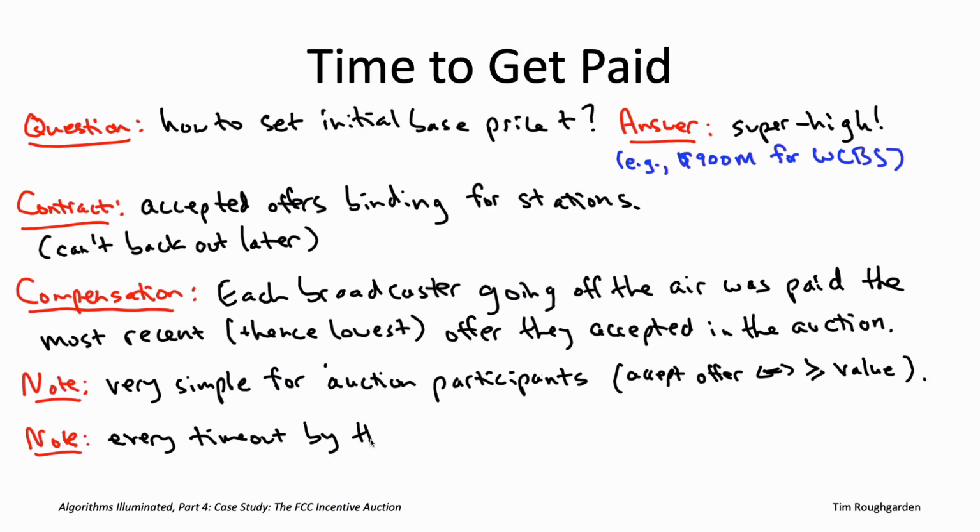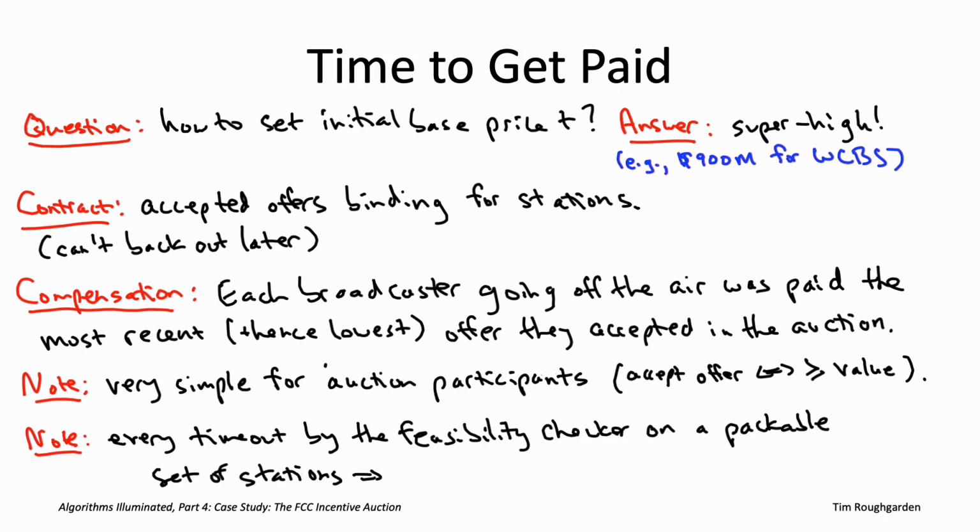But whenever the feasibility checker timed out on a packable set of stations, comprising a packable set capital S plus some new station V, whenever the feasibility checker timed out, despite you having room for V as well, a big pile of money, we're talking often in the millions of dollars, was left on the table. The auction could have made a lower offer to this station V, right? Because it is a packable subset of stations, but for the failure of its feasibility checker. Because the feasibility checker timed out, the auction had to assume it was unpackable, even though it was not unpackable. And for that reason, it was unable to make that station a lower offer.